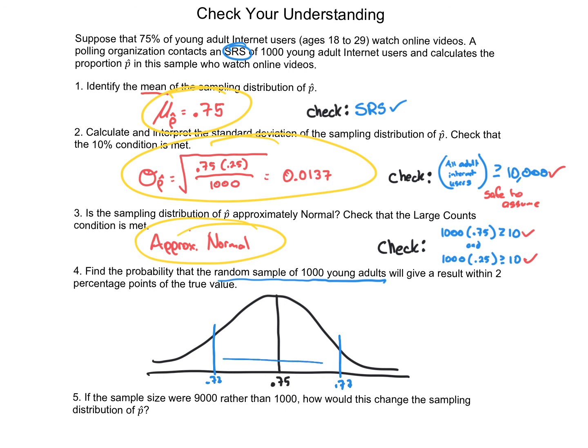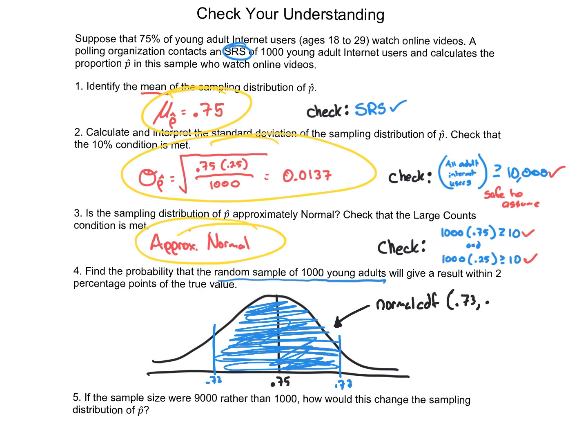Within means give me the area right here, as high and as low as that. So then what do we need? We just need a normal CDF, and I'm going to put in 0.73, 0.77, 0.75, and my new standard deviation that I calculated. All right, so let me give it a go.